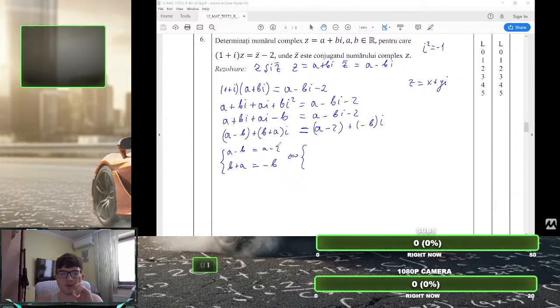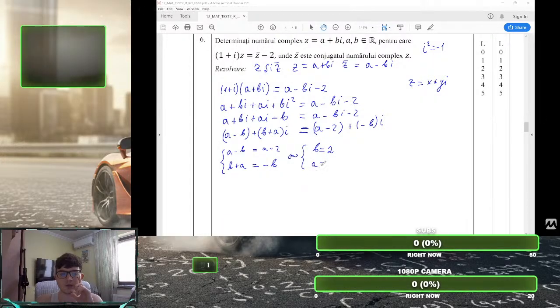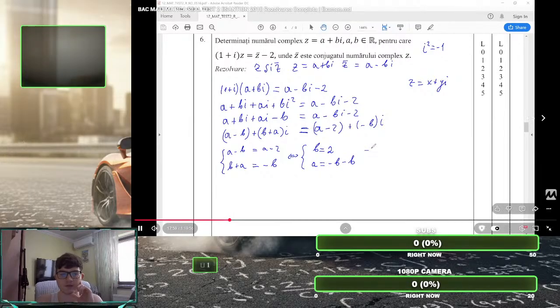A plus b, we have that. We have a number there, so work with that. It's going to be b equal to 2, because the a that moves there gets cancelled out.